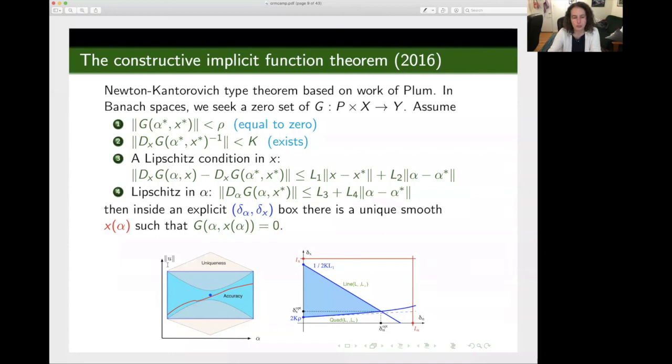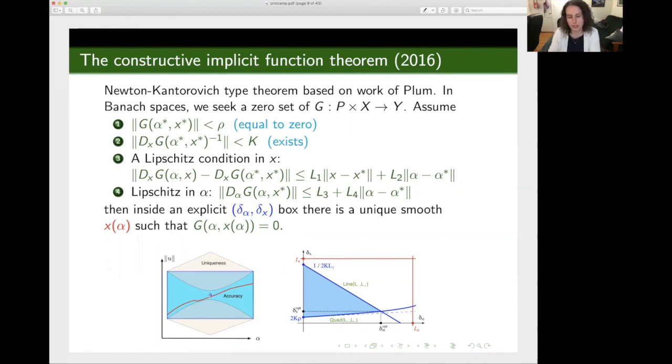And this is a picture to try and show that, first of all, the details of the theorem that I haven't written down here are that, in fact, there's more than just a box. The blue point here is my approximate solution, and the red is the guaranteed actual solution curve. What the theorem actually says is that you have a region in parameter cross phase space in which you can guarantee uniqueness.